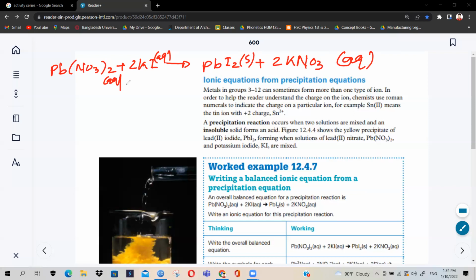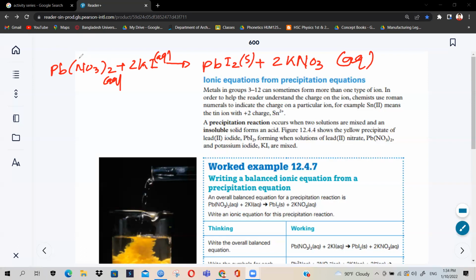Now, what you have to do is, first of all, identify the ions that are present. Say, for instance, for lead nitrate, tell me what are the ions which you can figure out. What do you think? What are the ions here? Lead. Yes. What will be the charge?